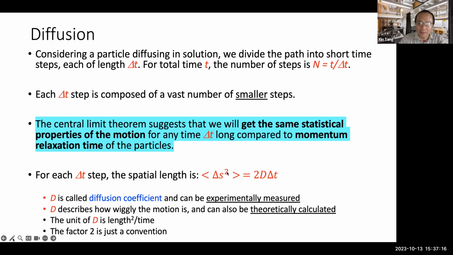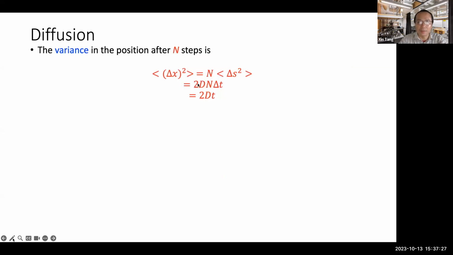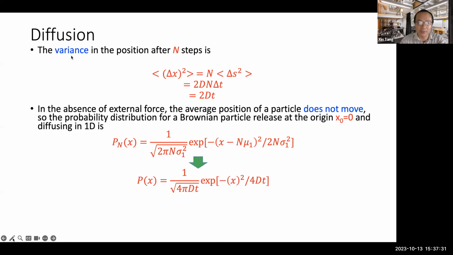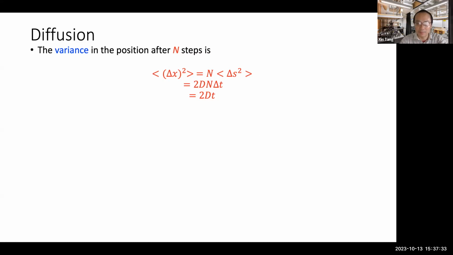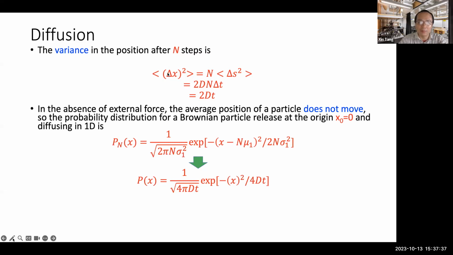Because this parameter is 2, that means it's in a 1D condition. And all these things together can be composed. Here we also talk about the variance, and within that single step, it will follow the Gaussian distribution, and then put all the things together.